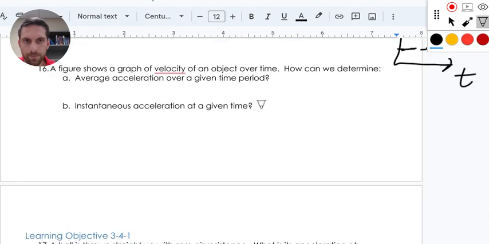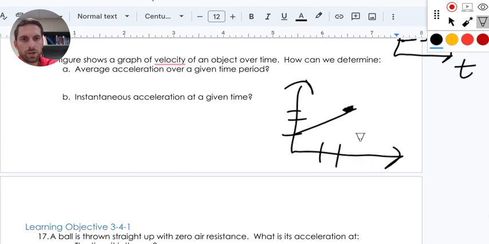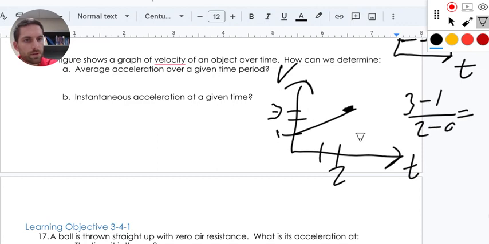All right. For this one, if we have, say, something up here, we're going to do change in V over change in T, so 3 minus 1 over 2 minus 0, which is going to be 1 meter per second squared.